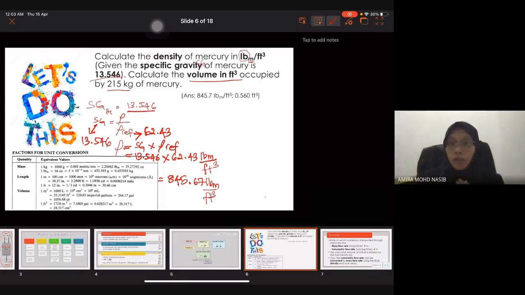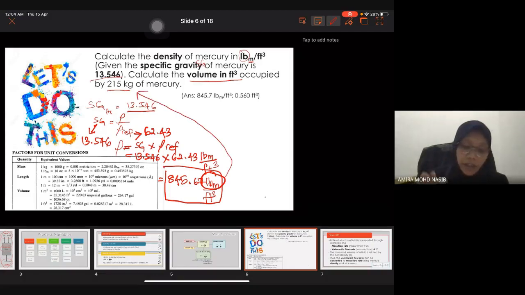Okay, so you have settled the first part of the question. You go to the second part, where you need to calculate the volume in feet cube occupied by 215 kilograms of mercury. Since the answer you got is in pound mass, you need to convert it to kilogram, since the data they gave is in kilogram.